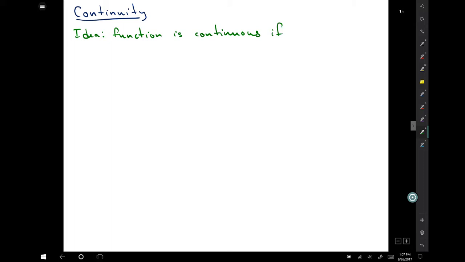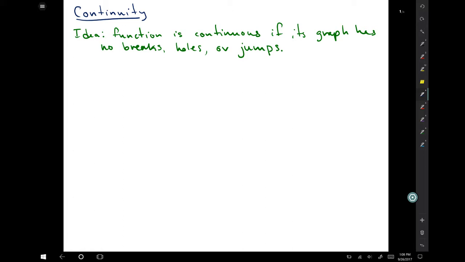So if its graph has no breaks, holes, or jumps. So it's a very visual description. You can look at the graph of a function and determine whether it's continuous, but in mathematics we really don't like to work from pictures unless we really, really have to.